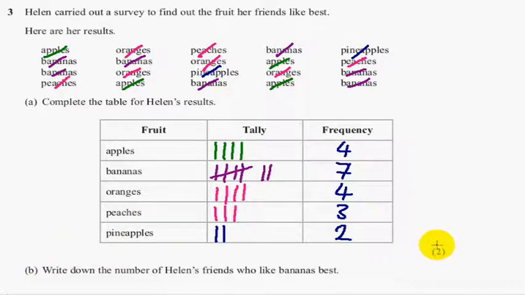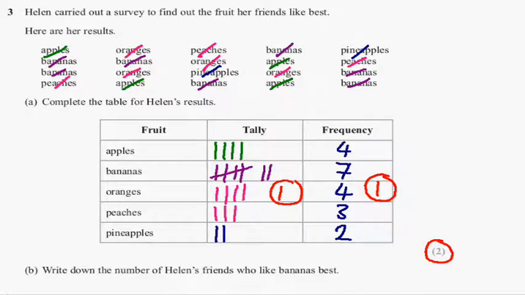So this question, 3A, is worth 2 marks. The first one is for at least 3 correct tallies or 3 correct frequencies. And the second mark is for all of the frequencies being correct.